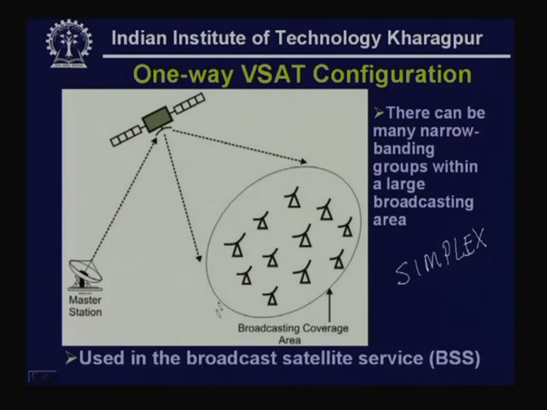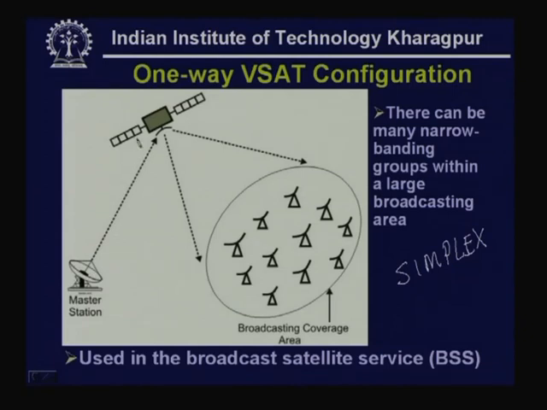Here, for example, there is a master station that sends data to the satellite, and the satellite relays it over a large geographic area. So, it is essentially the broadcast coverage area, and all the ground stations in this area can listen to what is being transmitted by the master station through the satellite.